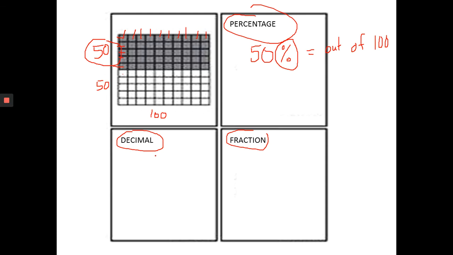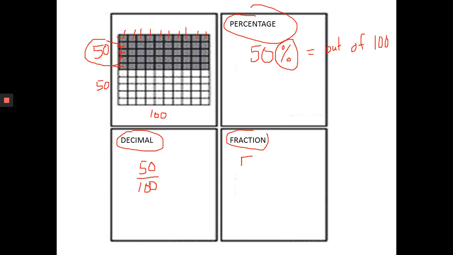Okay, how about for decimal? Let's count. There are 50, right? To make this into a decimal, you have to divide this by 100. You see there's the fraction 50 over 100.